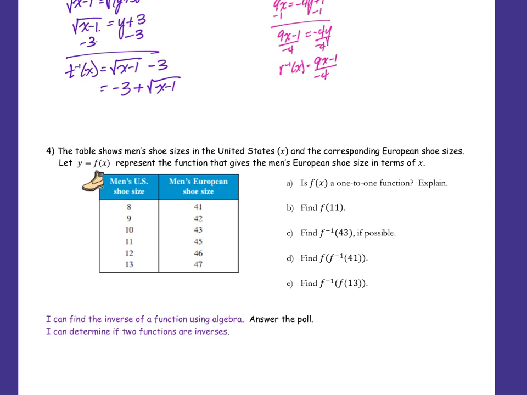Yes, because for every x there's one y, and for every y, by the way, this is x. Let me help you out. This is y. So for every x there's one y, and for every y there's one x. Does that help out a little bit?